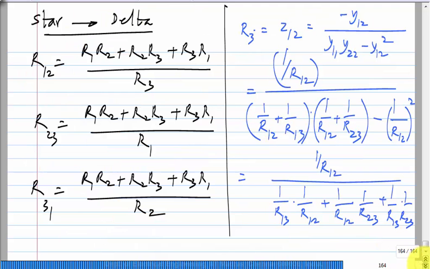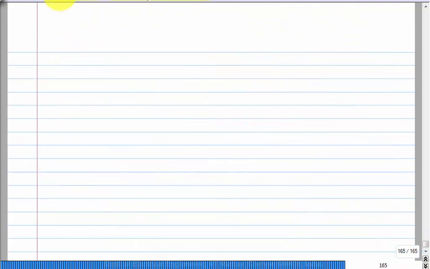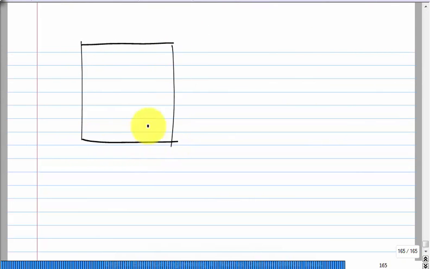We have discussed a number of things about 2 ports. Let's, this would, I think, be the last topic. So let's say you have some network N, and let's say it consists of only resistors, and I'll show one particular resistor outside.